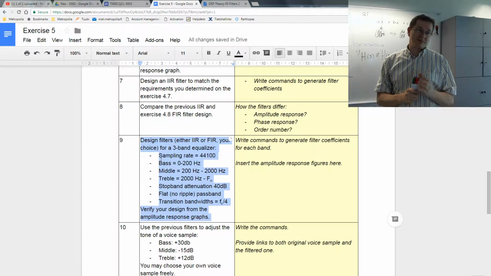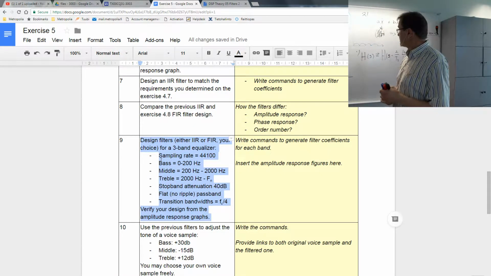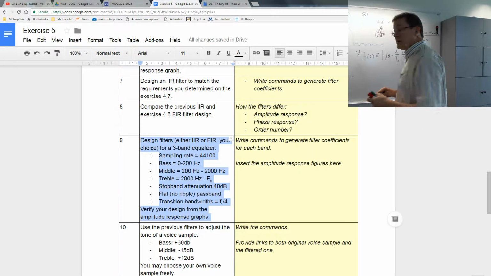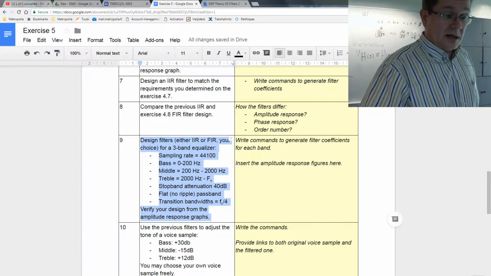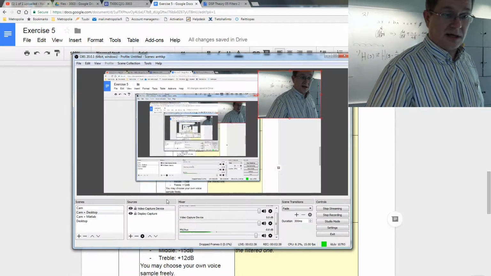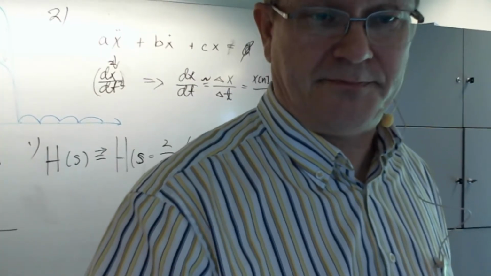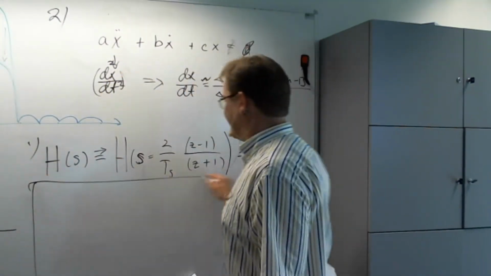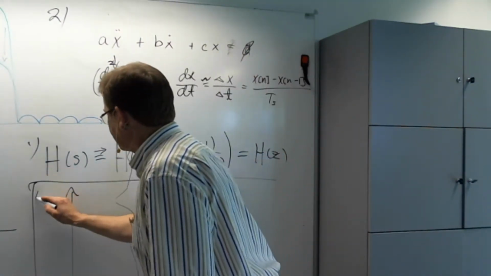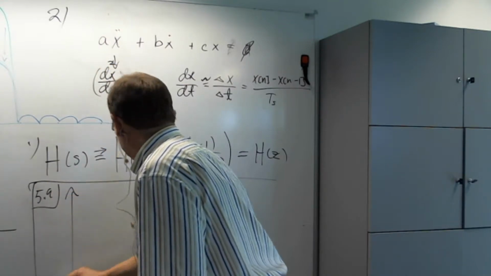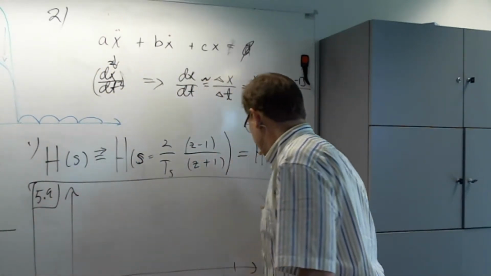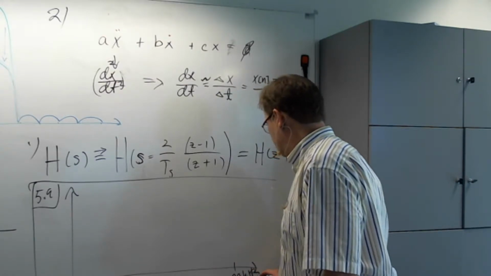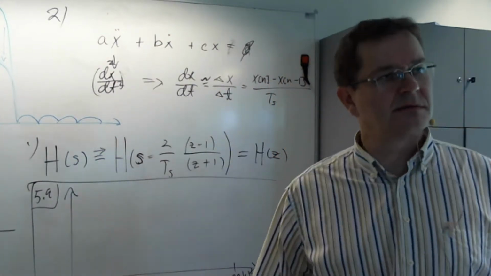Maybe I should actually draw you a graph of what I'm looking for on this 5.9 exercise. Human ear, 20 kilohertz, the maximum frequency.